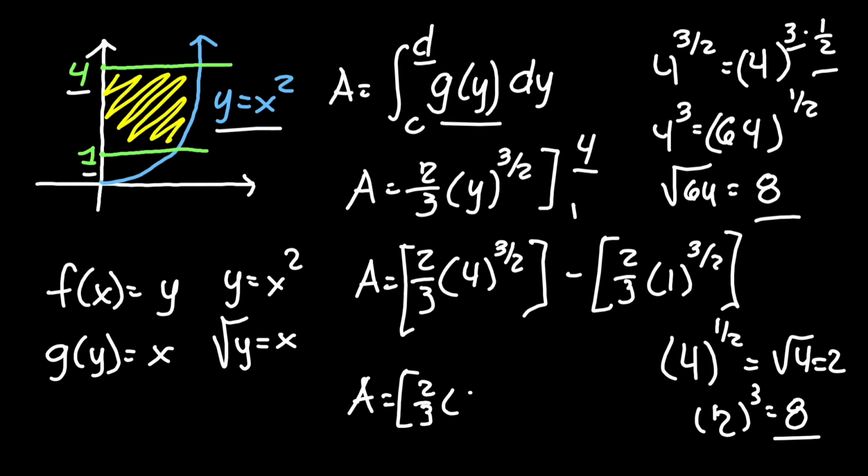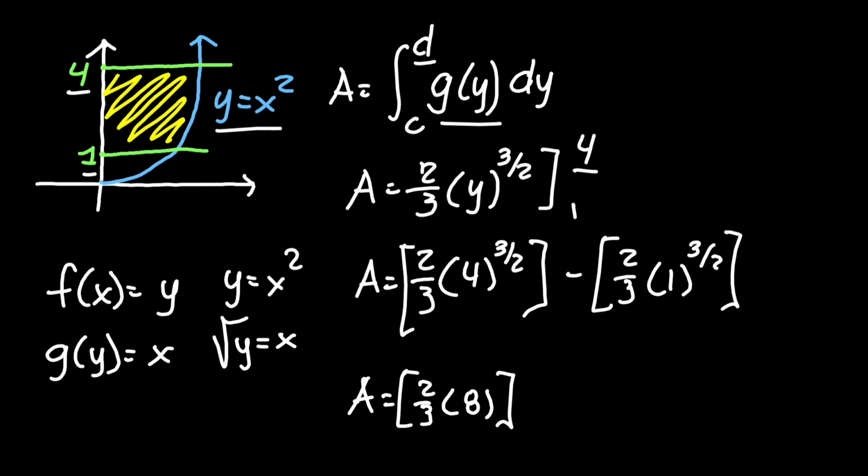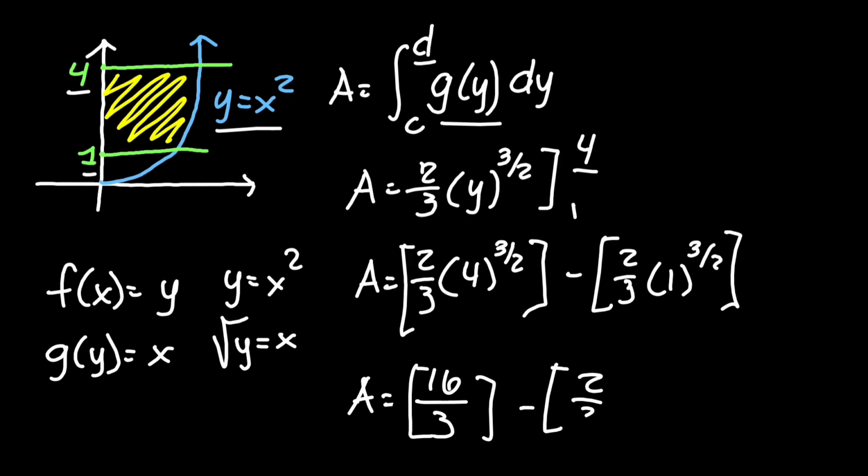So this would be 2/3 multiplied by 8, which would be equal to 16/3. Subtract this by 1 raised to the power of 3/2, which is simply 1. So what you're left with here is simply 2/3.